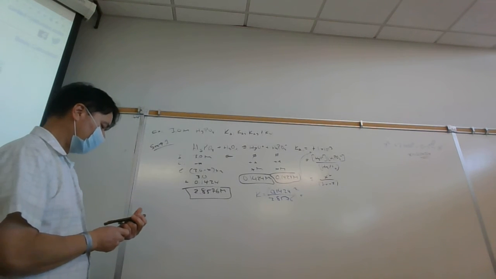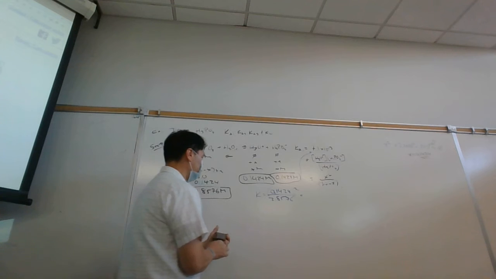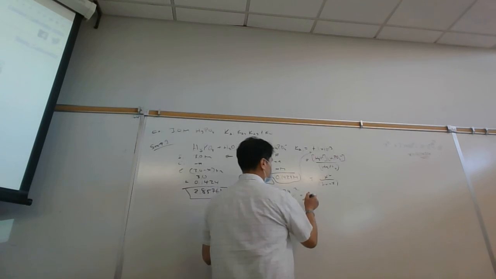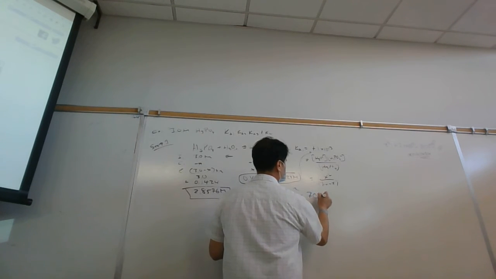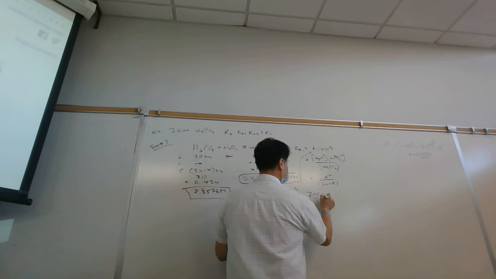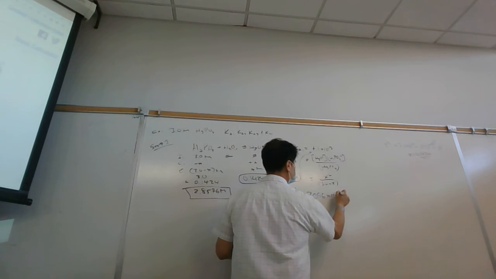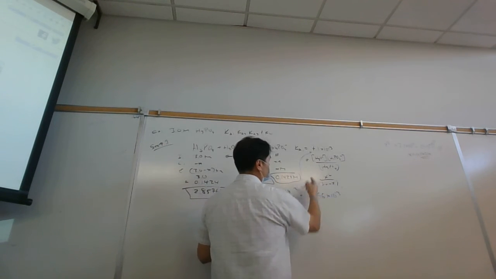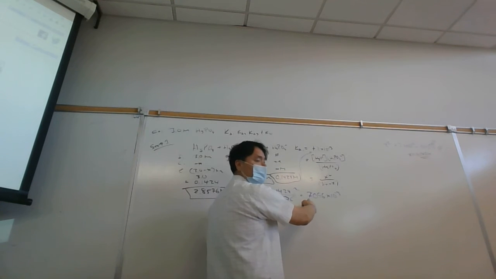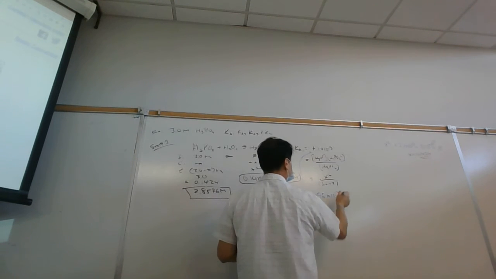And I get 7.09 times 10 to the minus 3, which is going to be okay. To 2 sig figs this rounds to 7.1. So that's good.